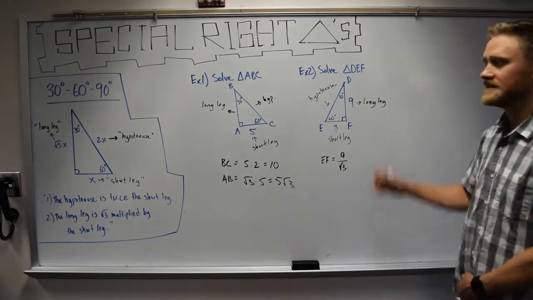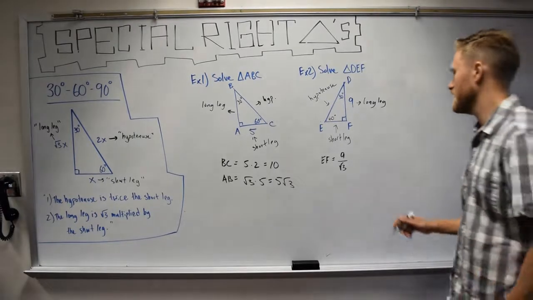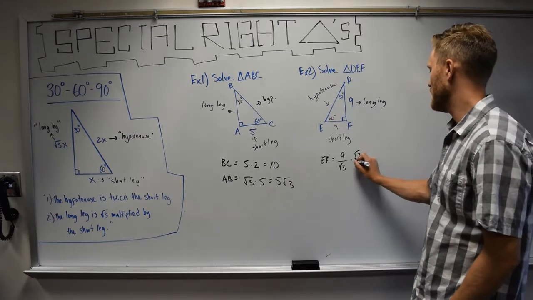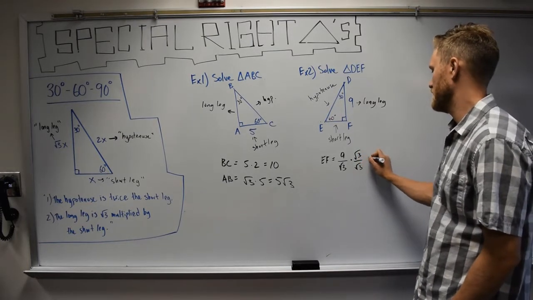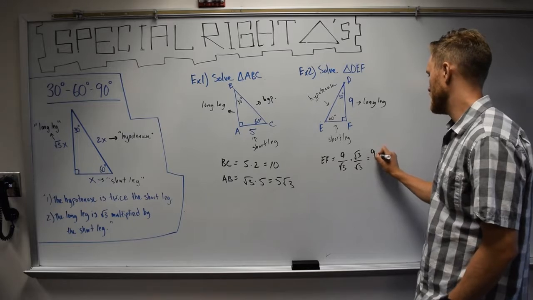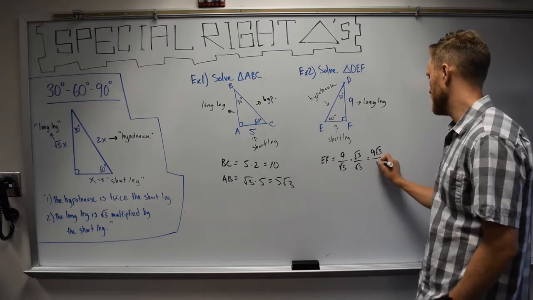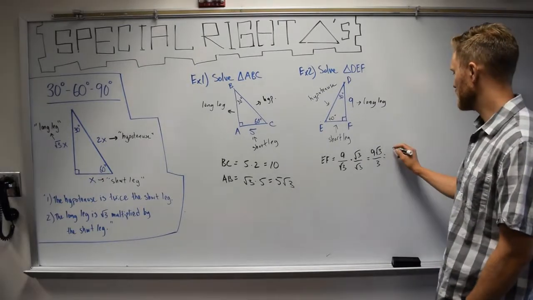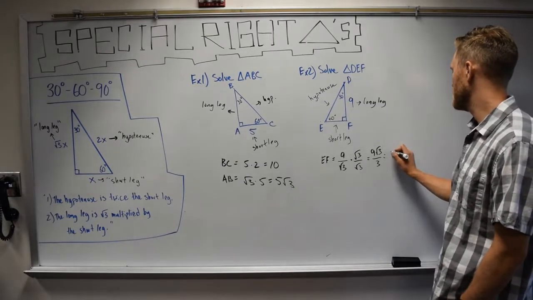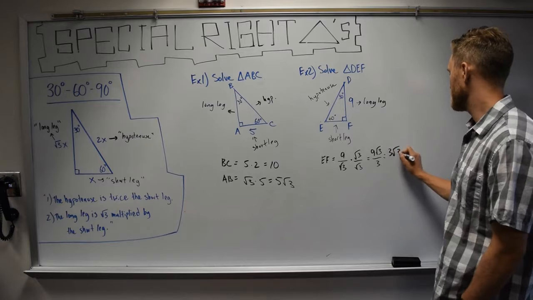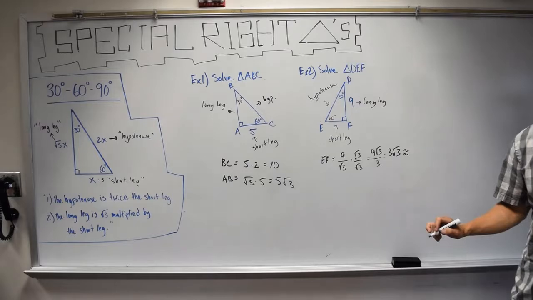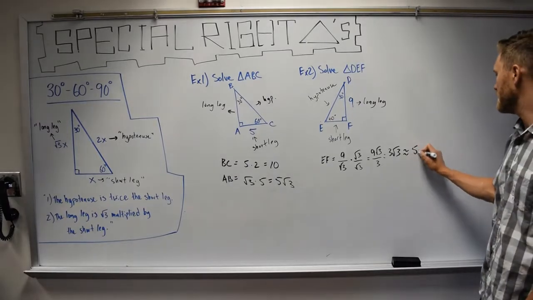You can type that into your calculator if you would like. We're going to rationalize this, so I'm going to multiply the top and bottom by the square root of 3. So I get 9 square roots of 3 over 3, which we can simplify to 3 square roots of 3. And if you plug that into your calculator, you will end up with about 5.20.